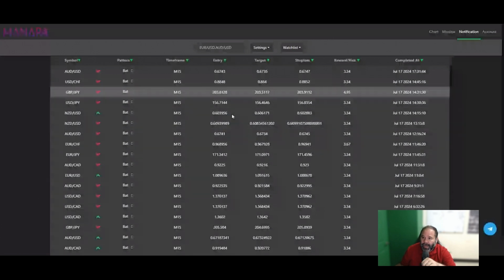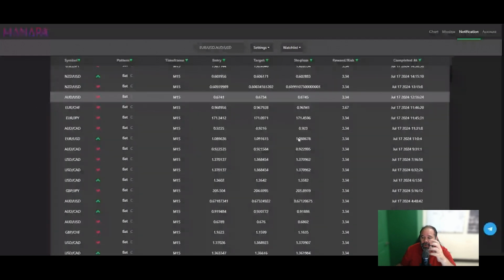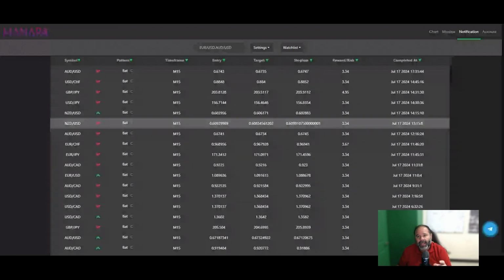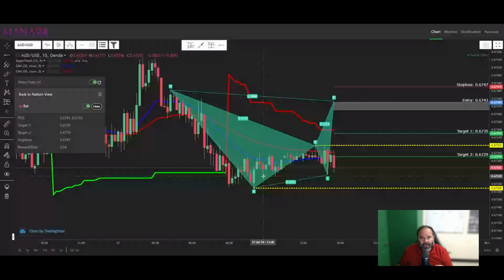Okay, you cannot put these parameters on your MetaTrader and just take the trade. No, you have to do the analysis. These are notifications. So you need to apply a strategy to this information, and then the notification can become an alert signal. Okay, so that's very important to understand.